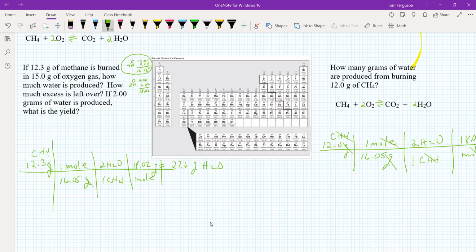Okay, so that's 27.6 grams of water, if we ignore the oxygen gas. That's step number one.